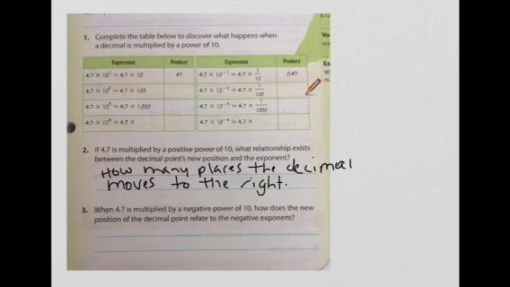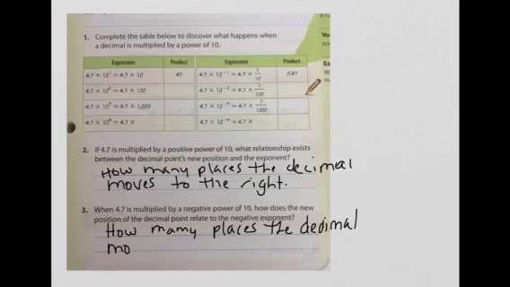And when it's negative, it tells us how many places the decimal moves to the left.